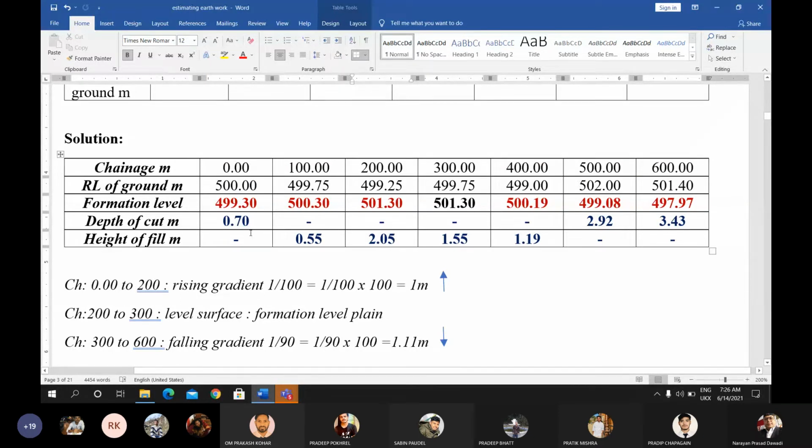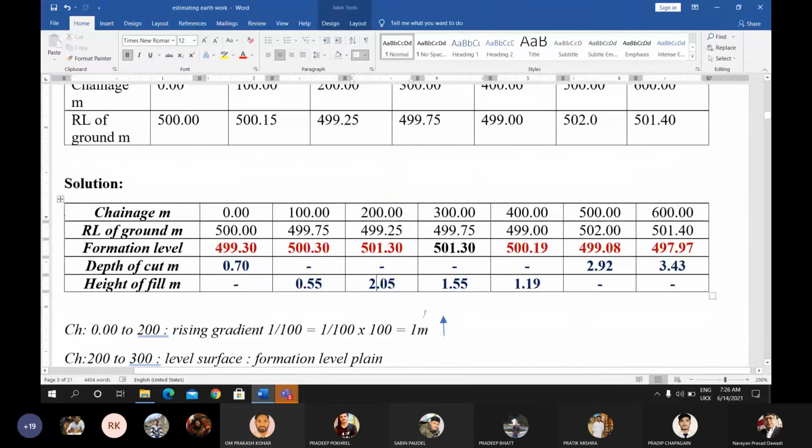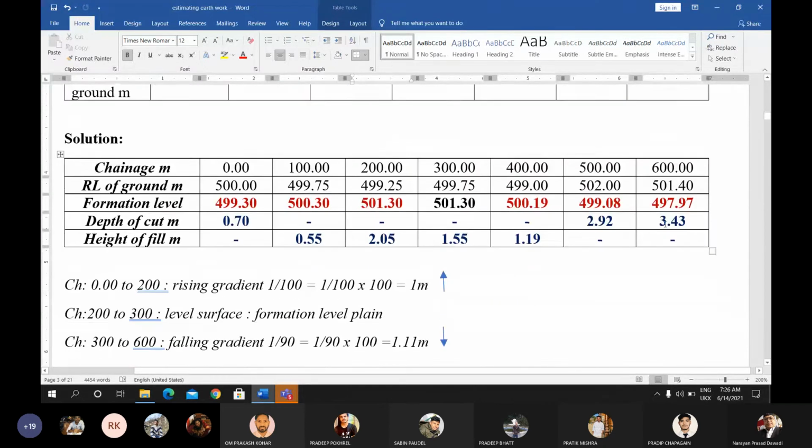The maximum RL is 502, and the minimum RL is 497.97.